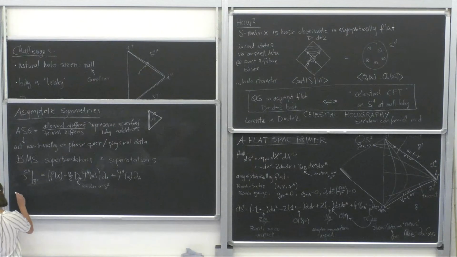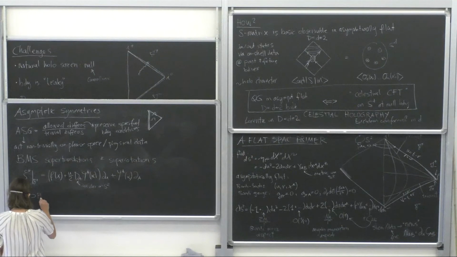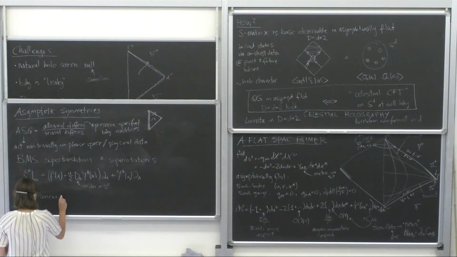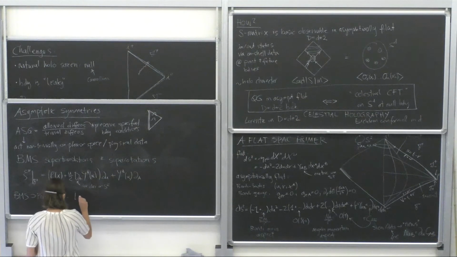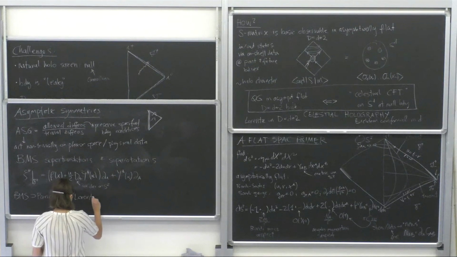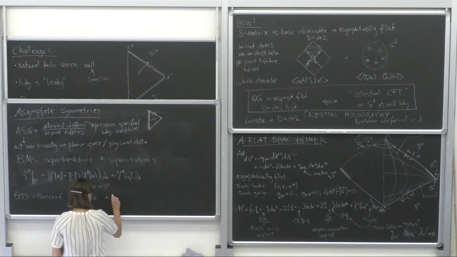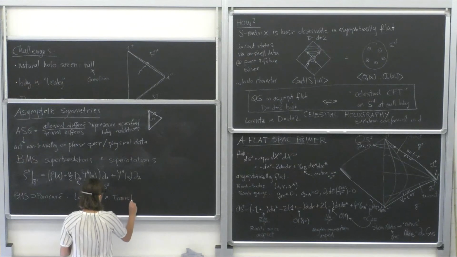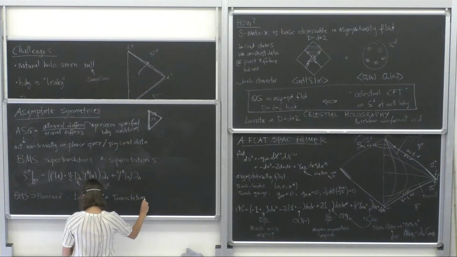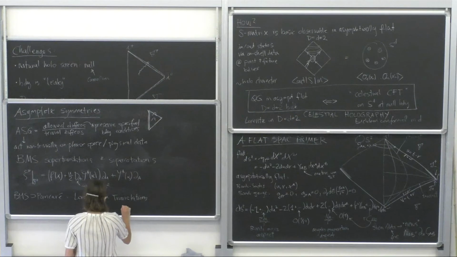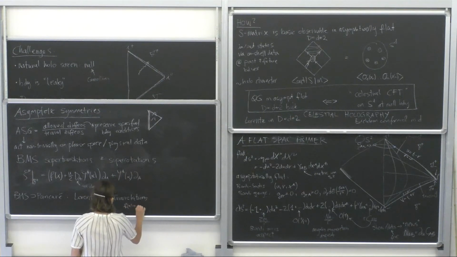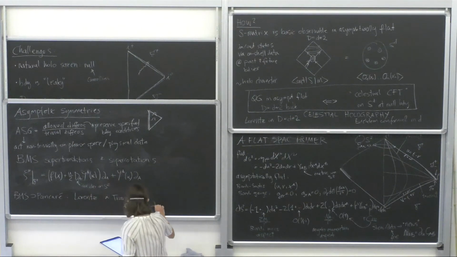And now let me just, because I haven't actually told you yet how the BMS arises from Poincaré, extending Poincaré specifically. So we have a semi-direct product of Lorentz transformations and translations in the Poincaré group. I guess I already mentioned that if this function is actually 1, then we get just the global time translations.